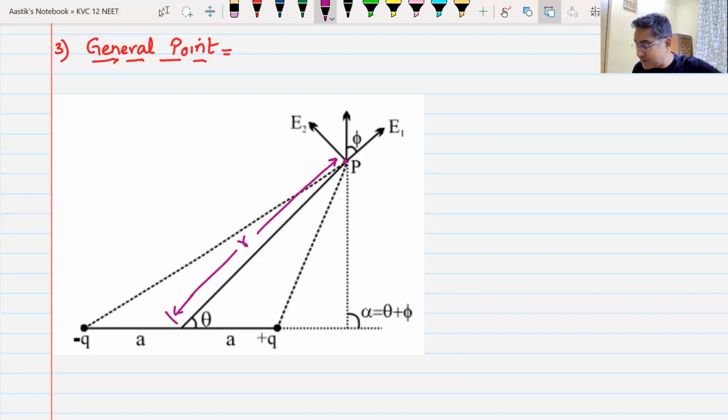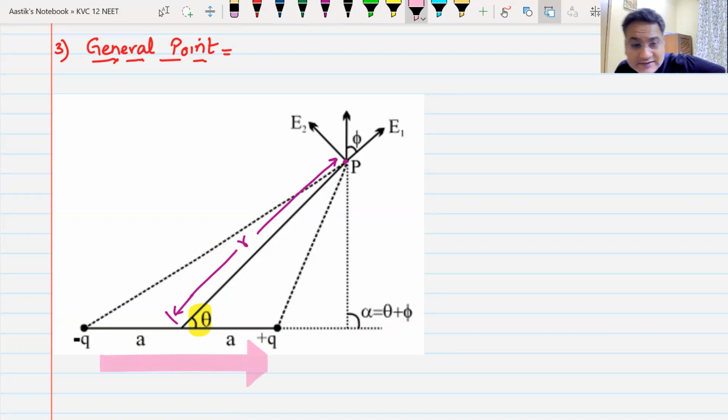Now, what is the electric field at a general point? Remember, this angle is theta, that a general point's distance makes with the dipole axis. You must remember that your dipole axis is like this.